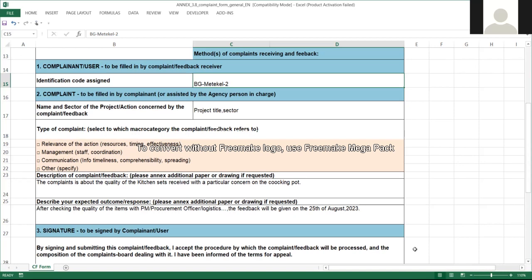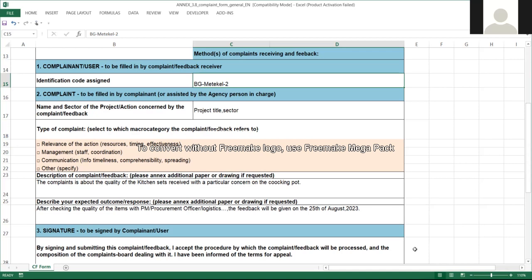Difficulty of understanding of what we are doing, or others. The list is endless. So these are just samples. You put what you think the category of that complaint is. So you write it. That is why it is called other. Specify. You list whatsoever it is, and you categorize according to what you know.